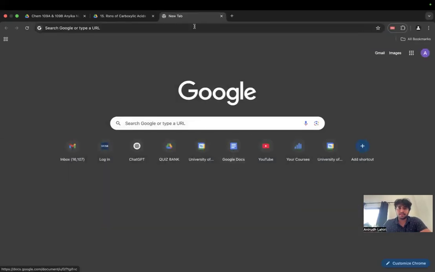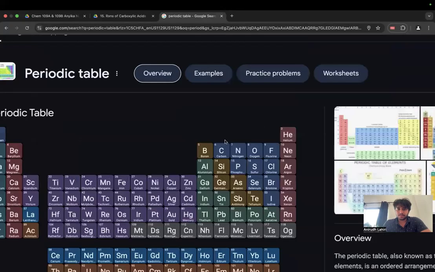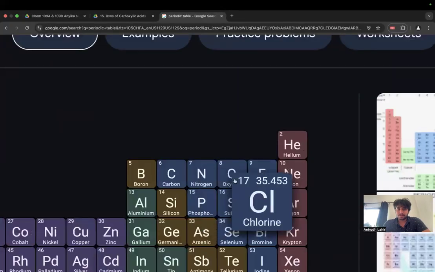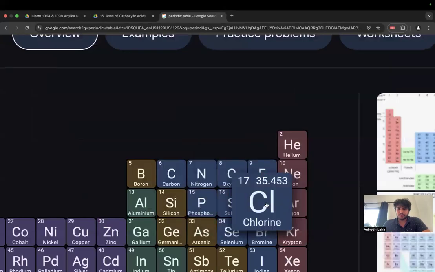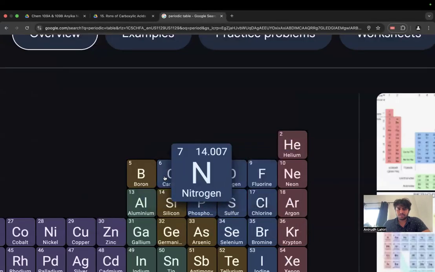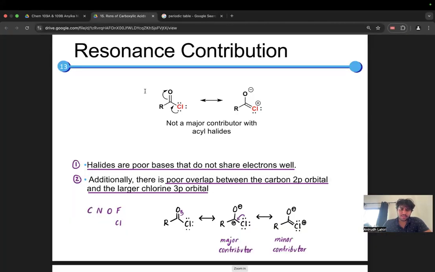If I looked at a periodic table, I would see that Cl is in a different row than carbon. So this is a 2p orbital and a 3p orbital.